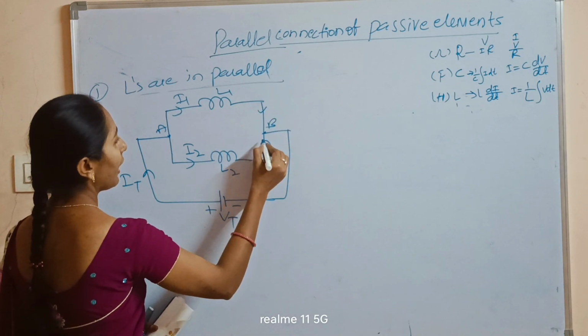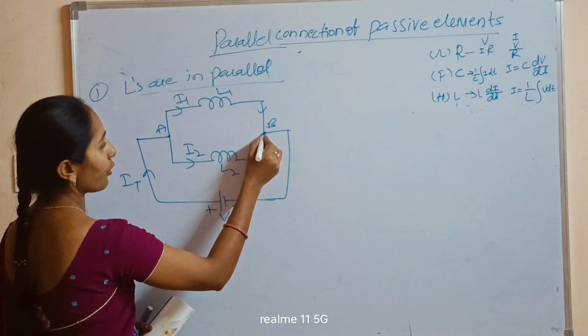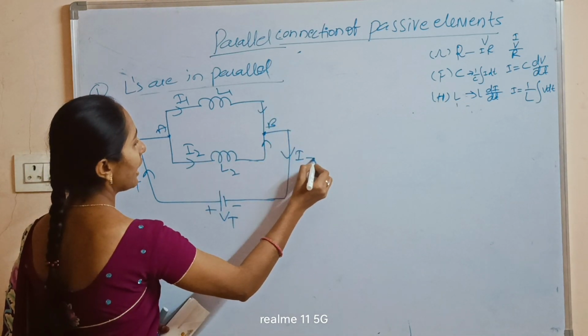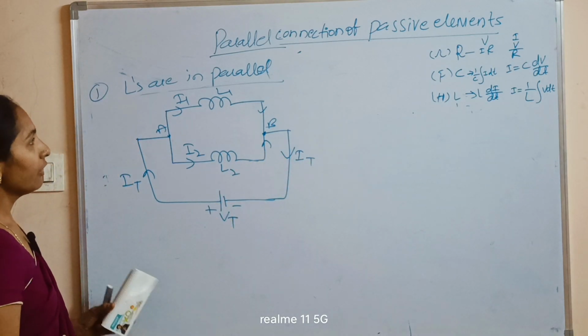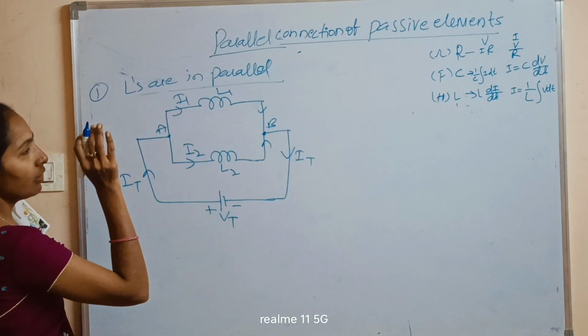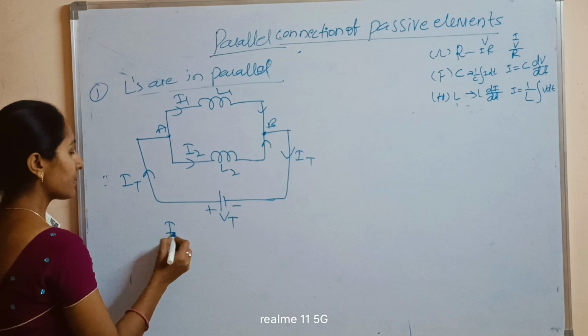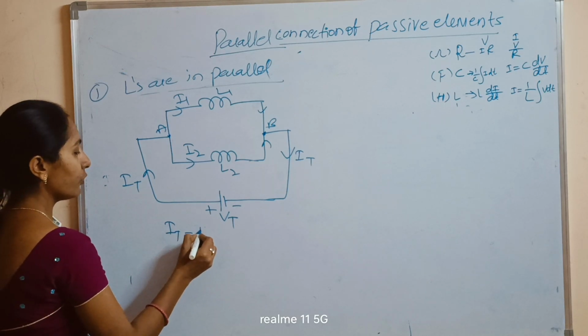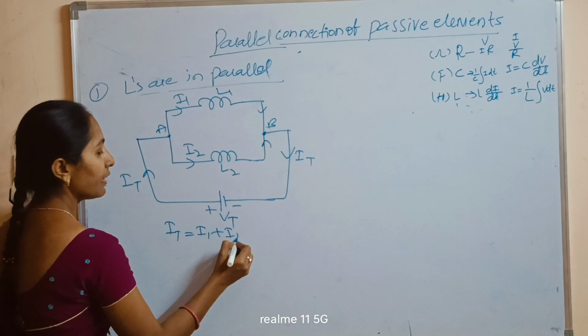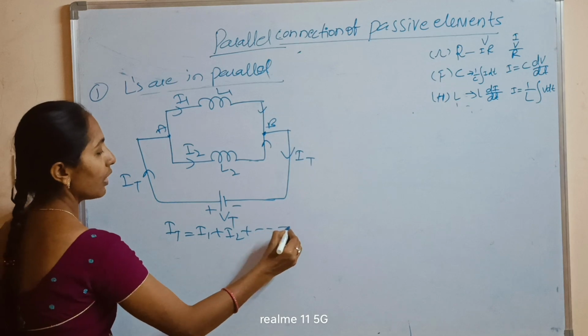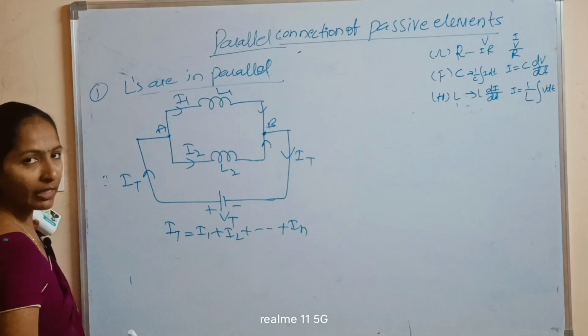Up to here, they again meet at this point. Finally we get I total. For a parallel combination, current must be divided. I total equals I1 plus I2 plus so on plus In.